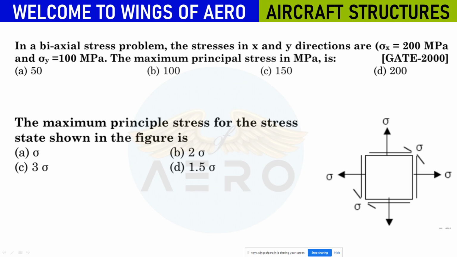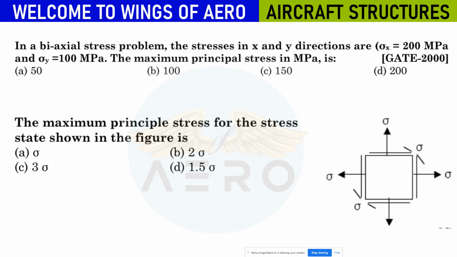Let's look into the first question. In a biaxial stress problem, the stresses in the x and y direction are given as sigma x and sigma y. From here, we need to find out the maximum principal stress, the major principal stress, sigma 1.